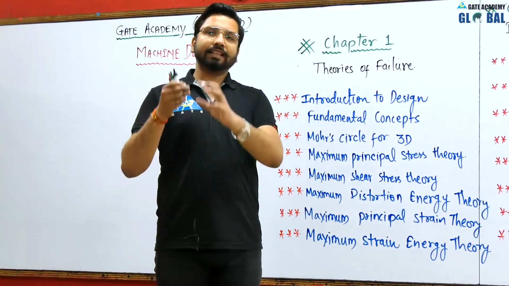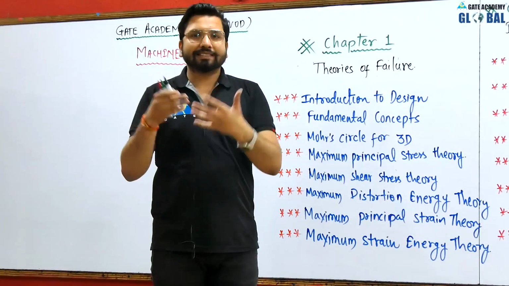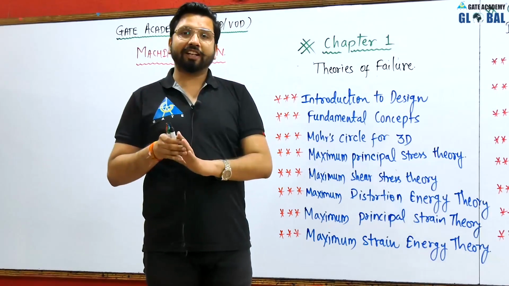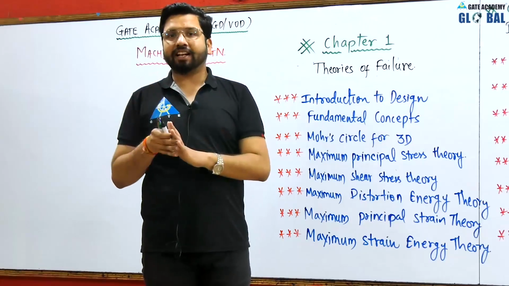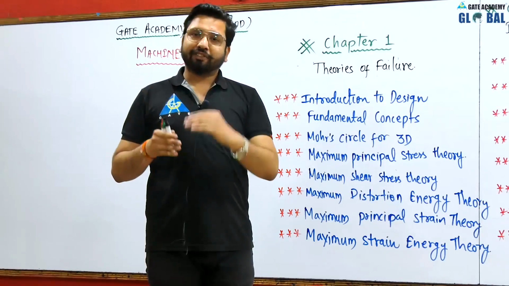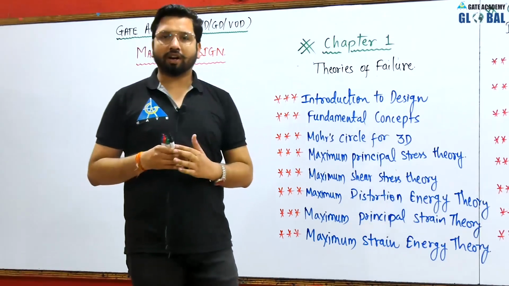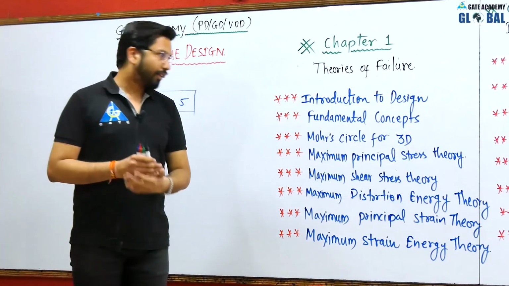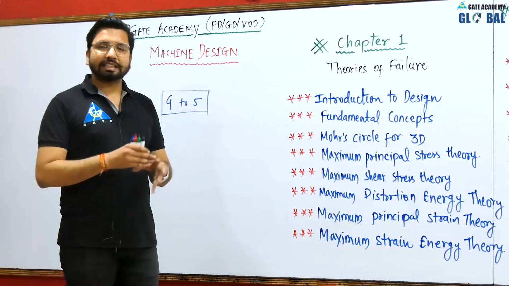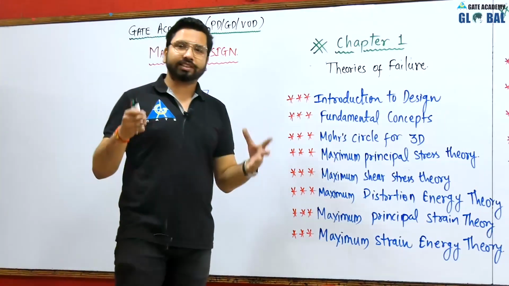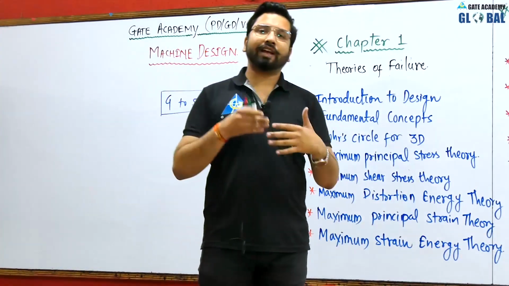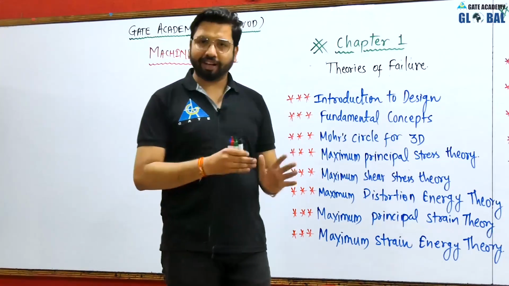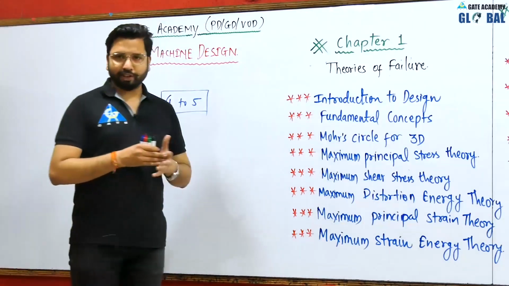Hence, understanding the failure, or the criteria of failure, that is, at which point the failure will occur and how it will occur, is very important for any engineer. In theory of failure we will see different approaches and ideologies, based on which we can solve any problem and say when a component is going to fail. That will be part of theory of failure.